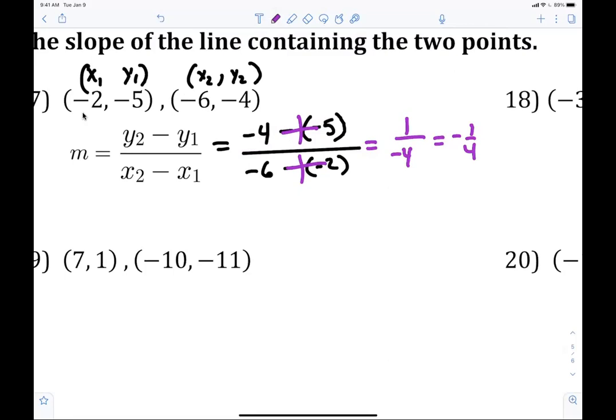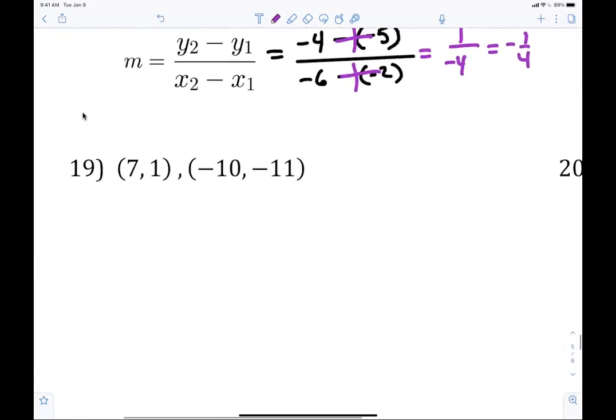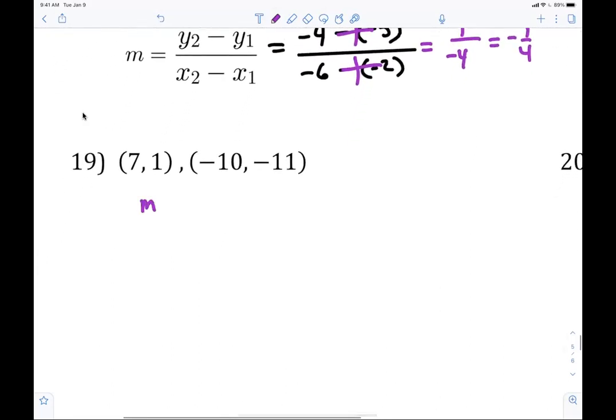Everybody good? Now we're going to go to 19. Y minus y over x minus x. So here we go. Again, I'm doing 19. M equals, you should write it, y2 minus y1 over x2 minus x1. That's how you learn the formula. Write it.